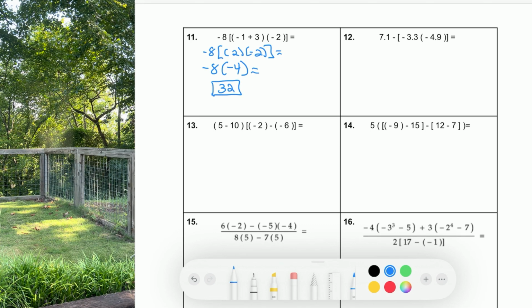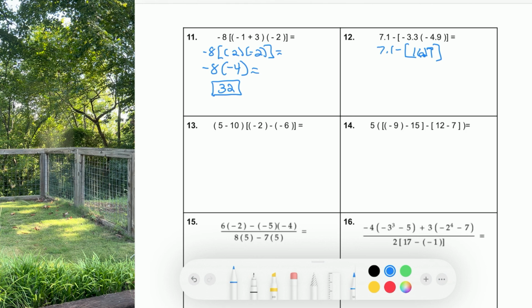Number 12, we have 7.1 minus, and then in brackets, negative 3.3 times negative 4.9. So we need to do the multiplication first. 7.1 minus, inside here, those two numbers multiplied gives us 16.7. It's going to be a positive number because we have a negative times a negative.